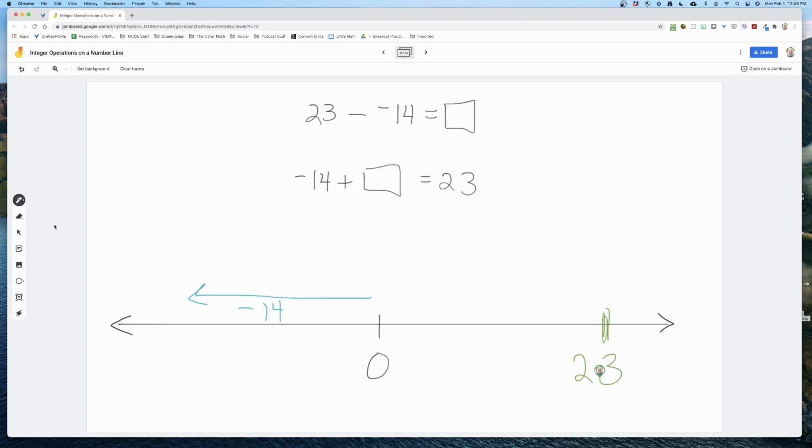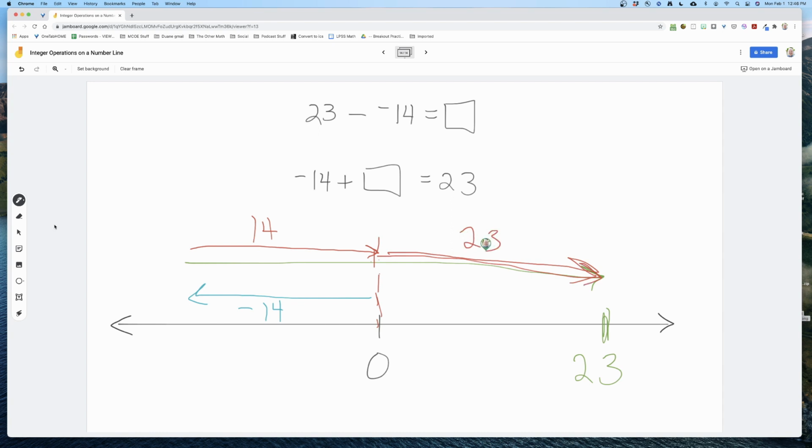So now we can decompose that into two portions, can't we? We can start with the 14 to the right to get us back to the 0. And then we can do another portion to the right, and that's a 23.